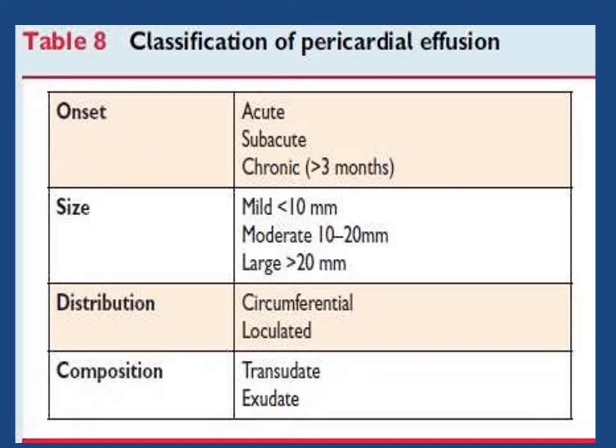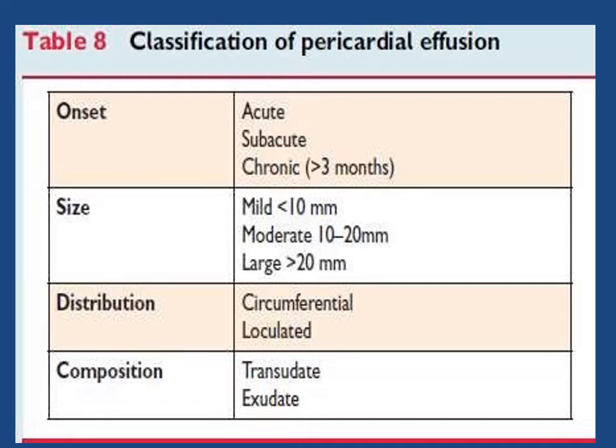Now we will move towards the classification of pericardial effusion. We can classify pericardial effusion on different parameters like onset, size, distribution and composition. On the basis of onset, we can classify it as acute, subacute and chronic. On the basis of size, it is mild, moderate and large. If the pericardial fluid is less than 10 mm, it is mild.